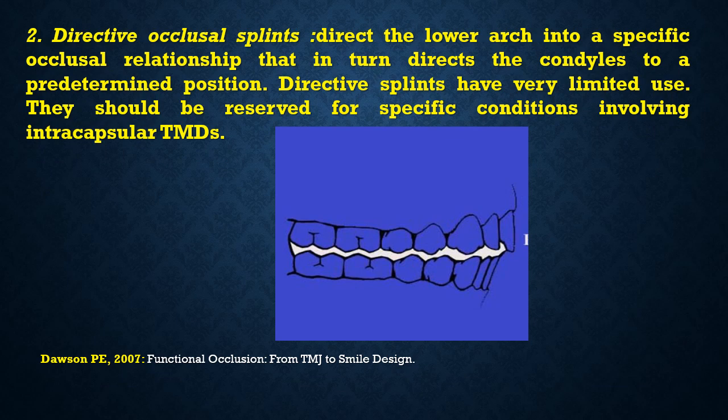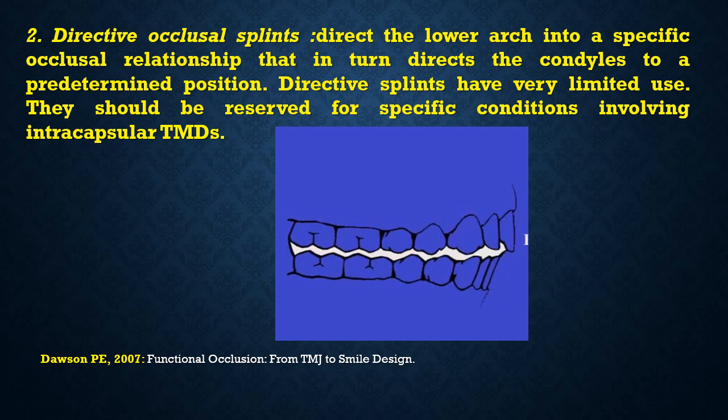Well, the second type is called the directive occlusal splint. It has an indentation, so it will direct the lower arch into a specific occlusal relationship that in turn will direct the condyle to a predetermined position.